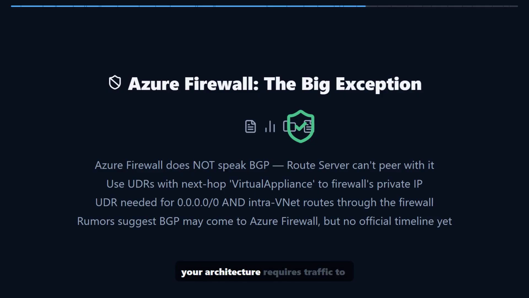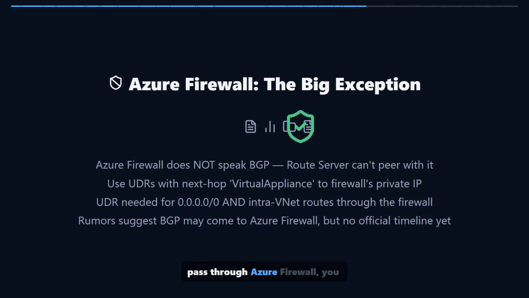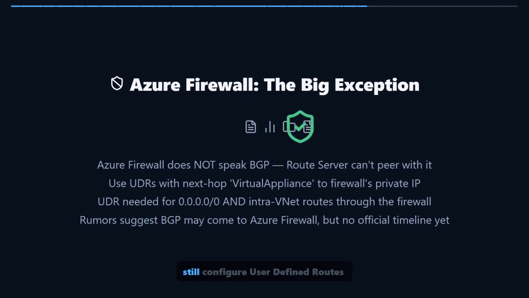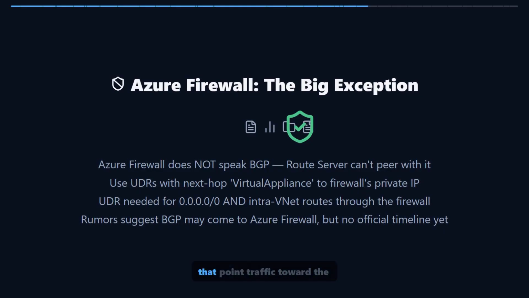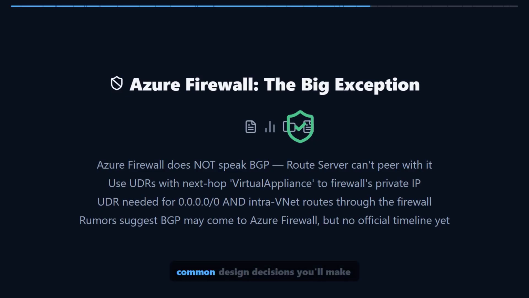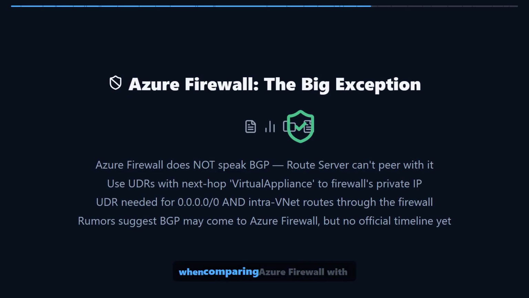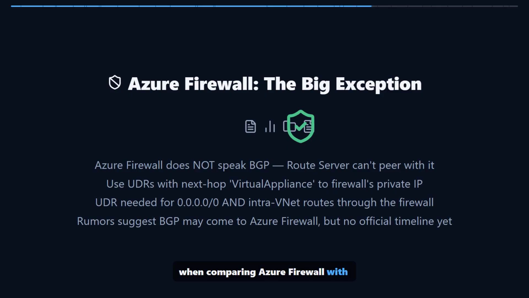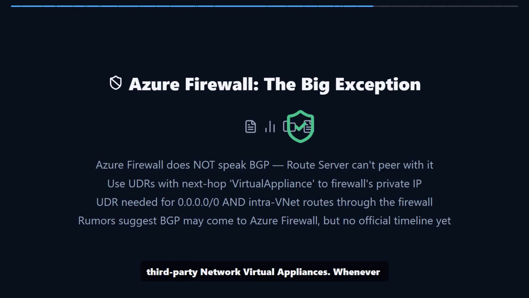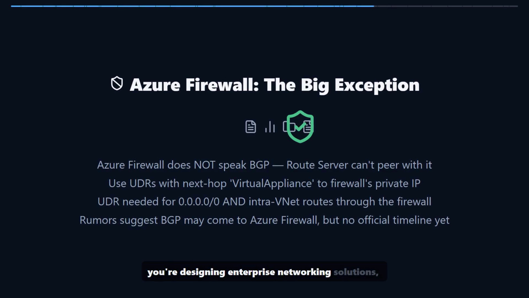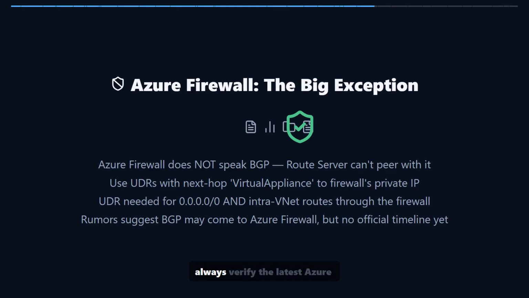If your architecture requires traffic to pass through Azure Firewall, you still configure user-defined routes that point traffic toward the firewall's private IP address. This is one of the most common design decisions you'll make when comparing Azure Firewall with third-party network virtual appliances. Whenever you're designing enterprise networking solutions, always verify the latest Azure capabilities, because cloud networking continues to evolve over time.